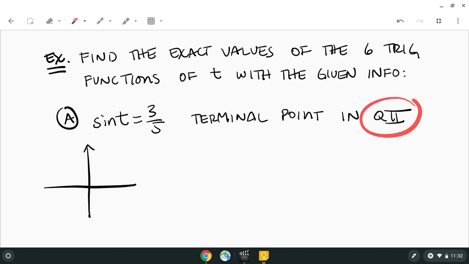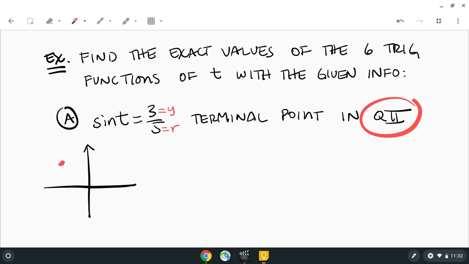And then here, we also know that this is your y value, and this is your r value, because sine is y over r. All right, so let's draw that. We're in quadrant 2, so somewhere in here. I don't know where.